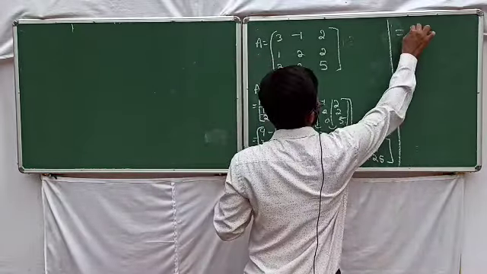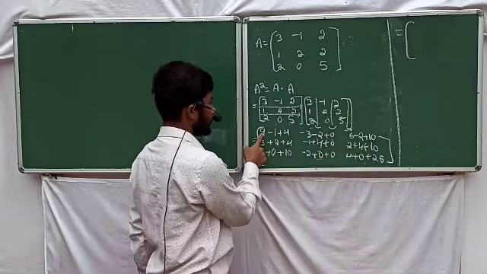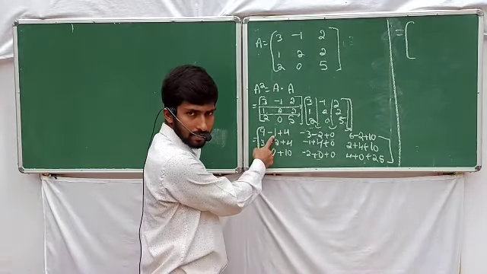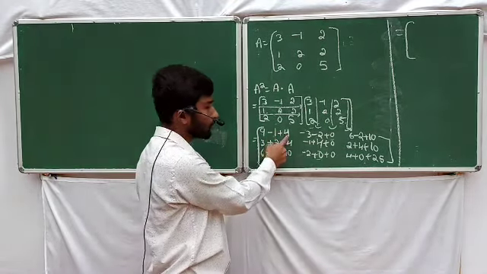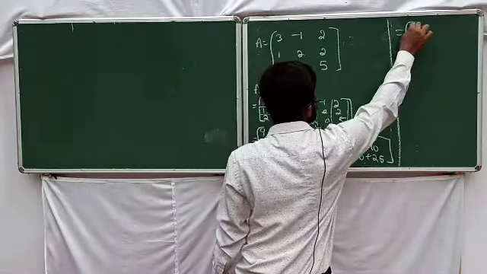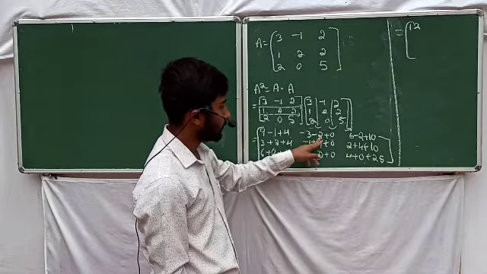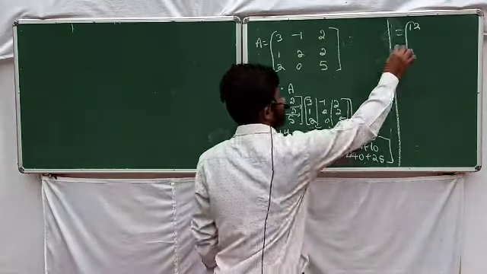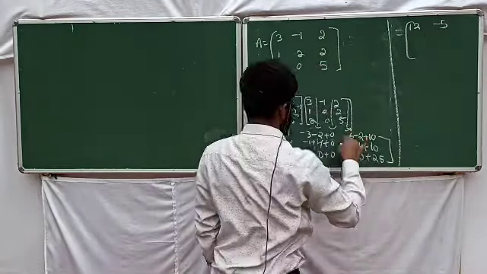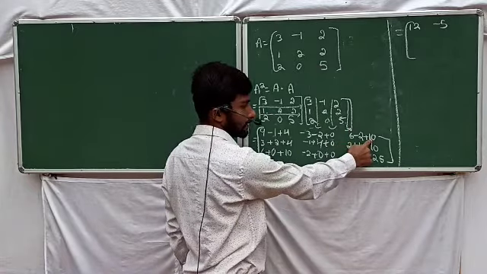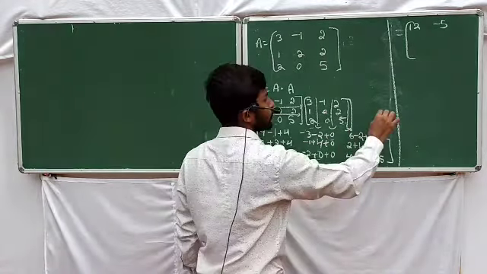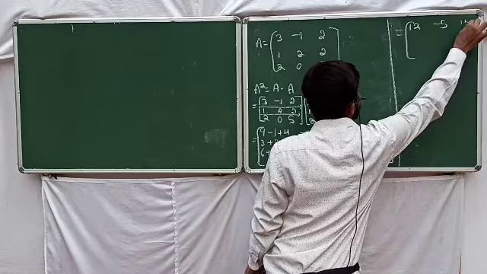first entry is equal to 9 minus 1, 8, right? 8 plus 4, its value is equal to 12. Next, minus 3 minus 2, minus 5. Next entry, 6 plus 10, 16 minus 2, it's equal to 14.